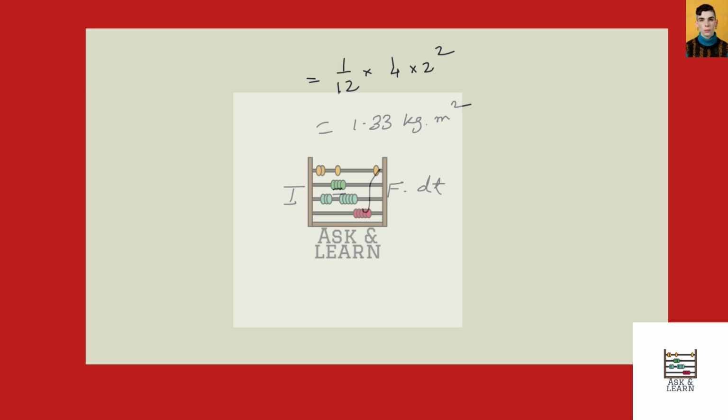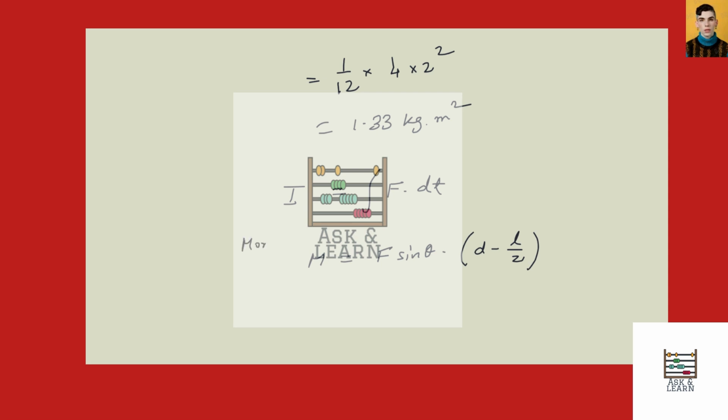If you take the product of force and time, you will have the impulse. Now for that, you calculate the moment about the center of mass of the rod. So this is F sine theta times the distance, which is d minus L by 2, from the center of the rod.